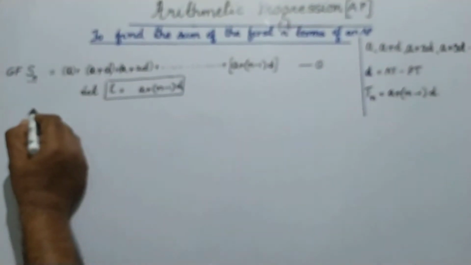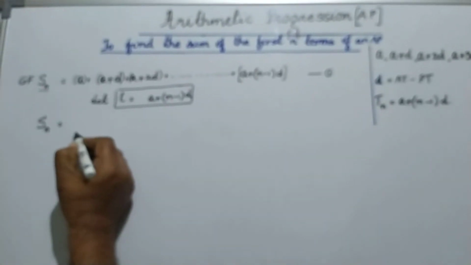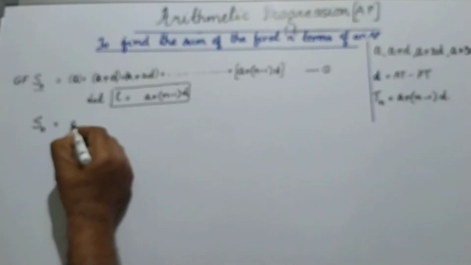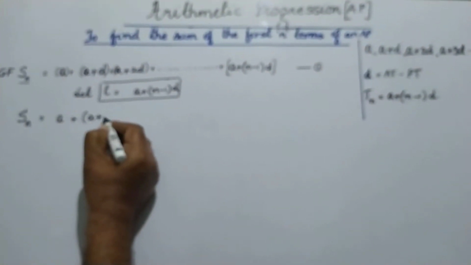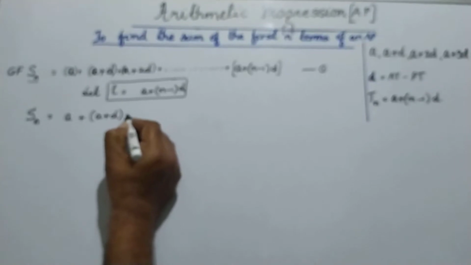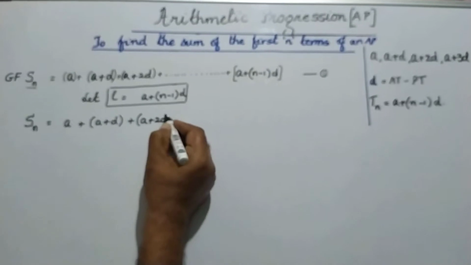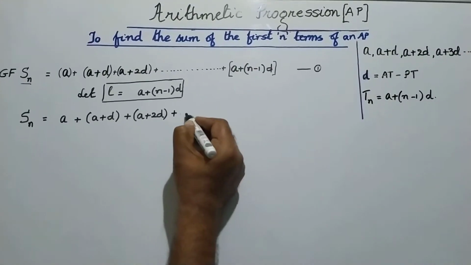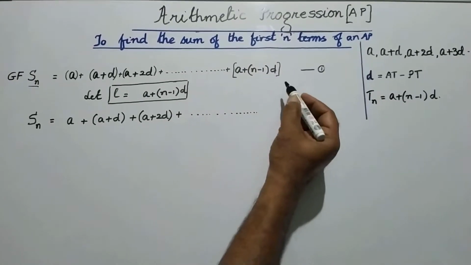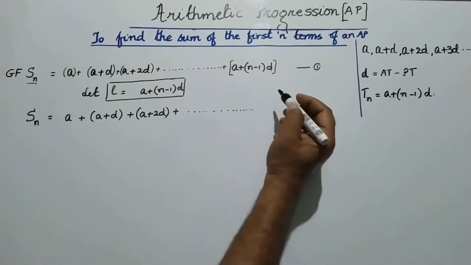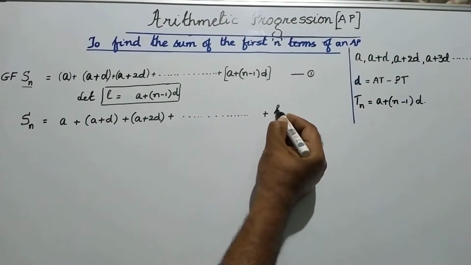So what will I get? Sum to n terms is equal to, first term is A, the second term is A plus D, the third term is A plus 2D, plus etc. The last term or the nth term was A plus n minus 1 into D, that I am substituting as L.